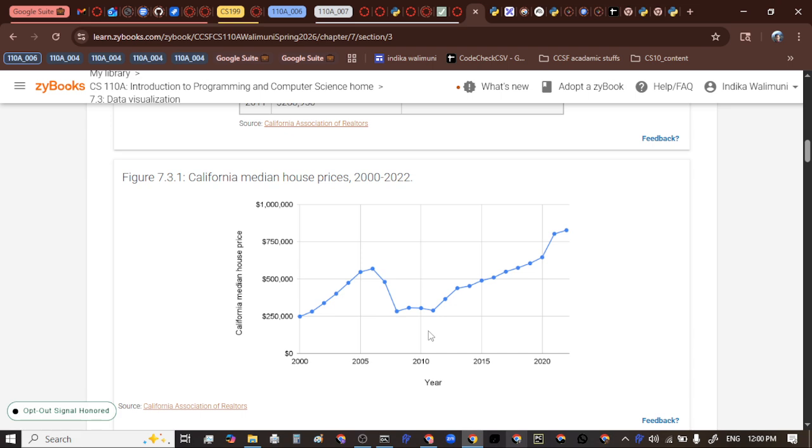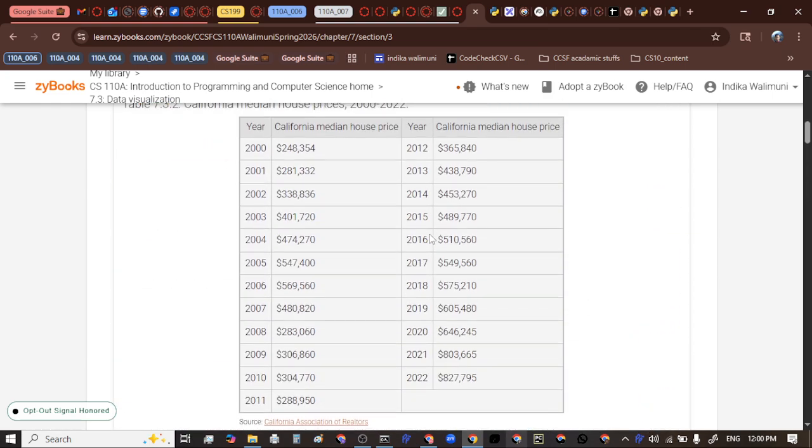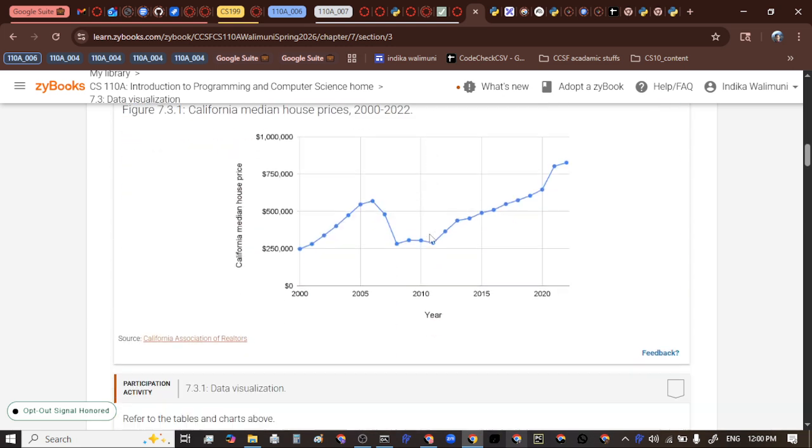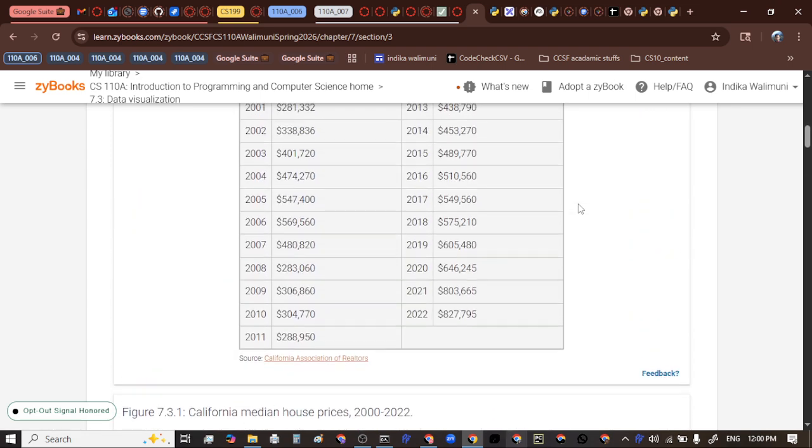We call it the subprime mortgage crisis. It started in 2008 and lasted almost up to 2011 or 2012. It's the recession. That's what happened, and we don't see that in this table, but we see that pattern here. So that's the advantage of plotting your data over tabulating it.